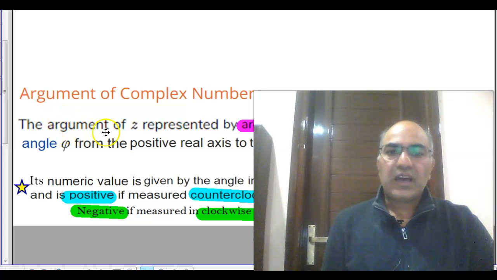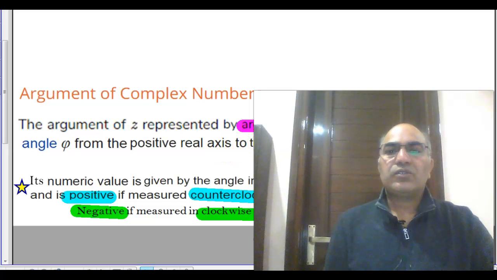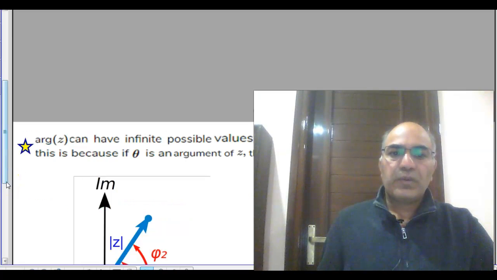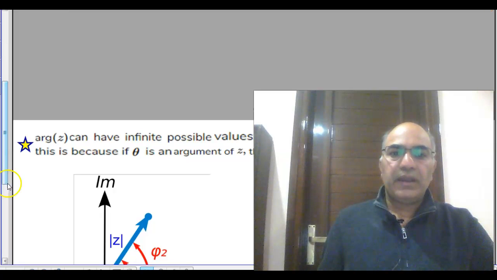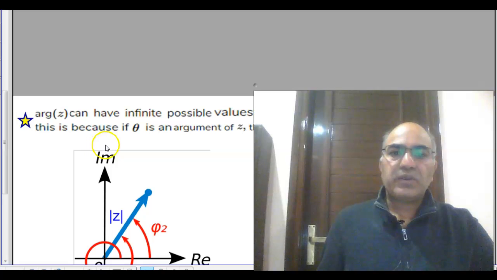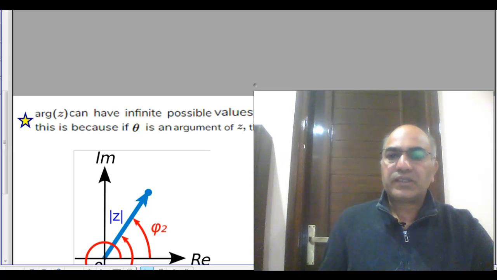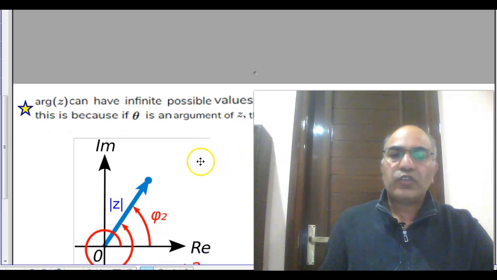So friends, the argument of z, represented by arg of z, is the angle phi from the positive real axis to the vector representing z. Its numeric value is given by the angle in radians and is positive if measured counterclockwise and negative if measured in clockwise sense. Also, argument z can have infinitely many possible values. This is because if theta is an argument of z, then 2n pi plus theta is also a valid argument.